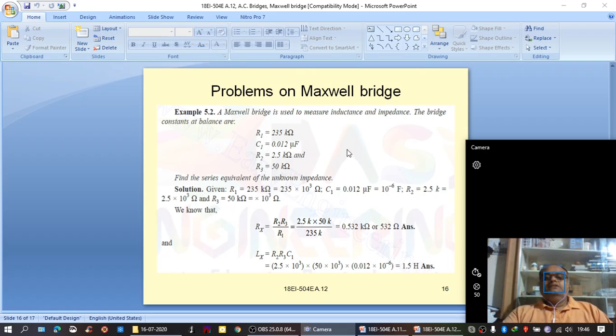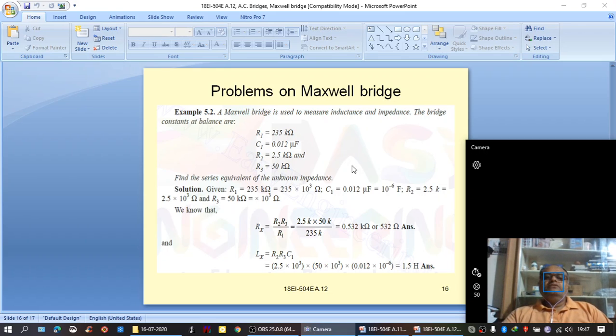And let us try to solve one example problem wherein the bridge arms are given as R1 is equal to 235 kilo ohms, C1 is equal to 0.012 microfarads, R2 is equal to 2.5 kilo ohms, and R3 is equal to 50 kilo ohms.